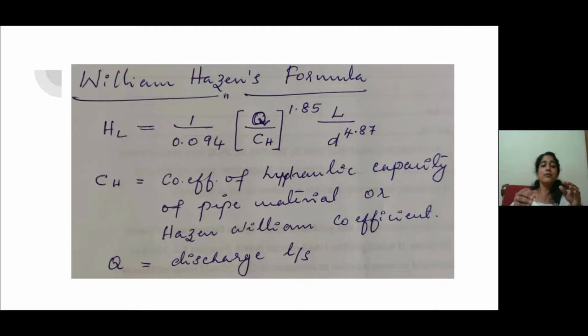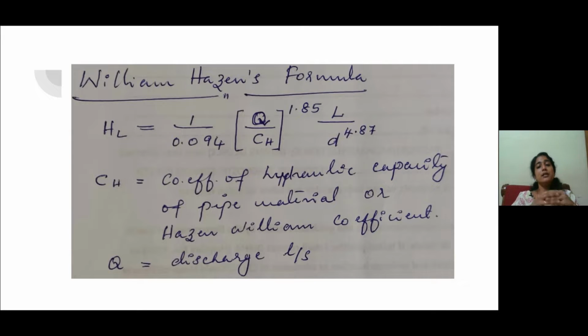Here we already converted the formula in terms of discharge, that is Q. Then there is no problem in converting this formula into the form, that is HL is equal to K into QA raised to X.